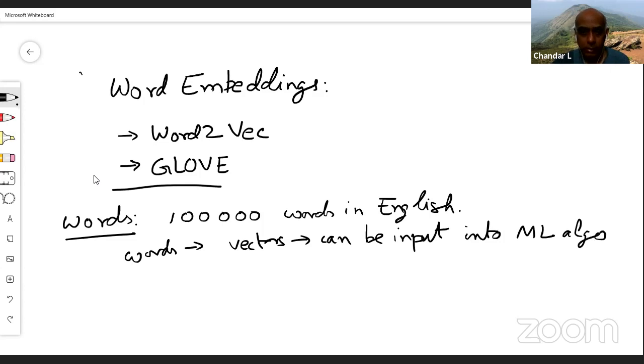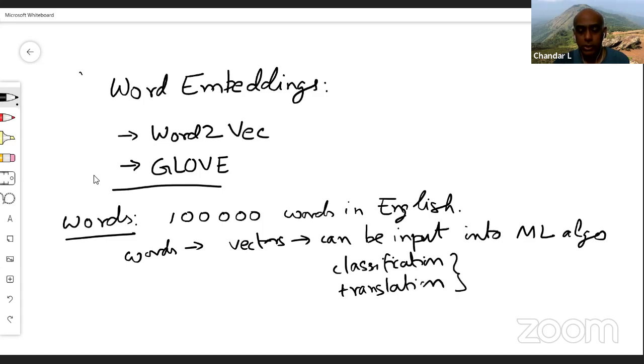We can have a classification problem, like given a text, we want to understand the sentiment, whether it is positive or negative. That is a classification algorithm. Or it could be some kind of translation, where we are trying to convert from, say, English to French.